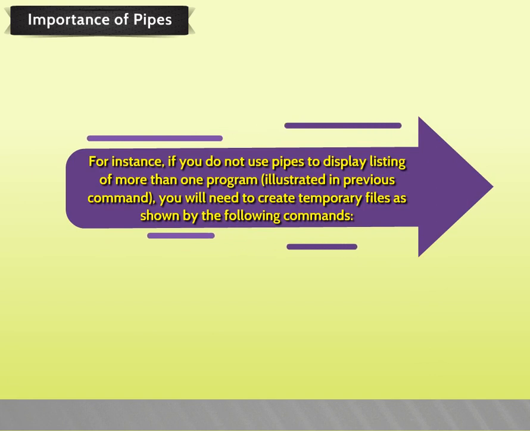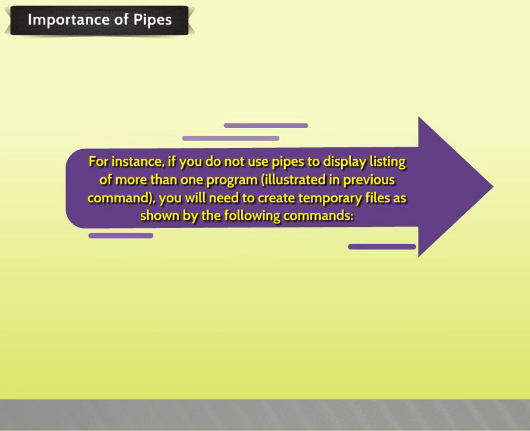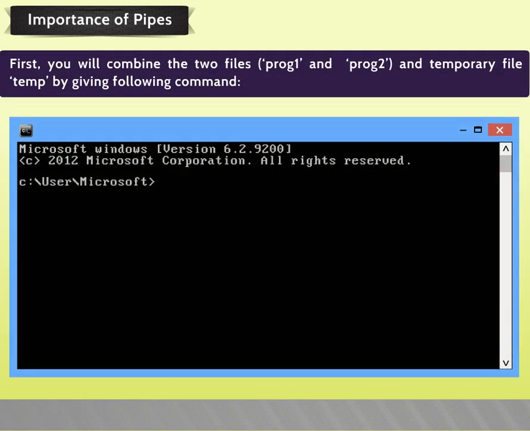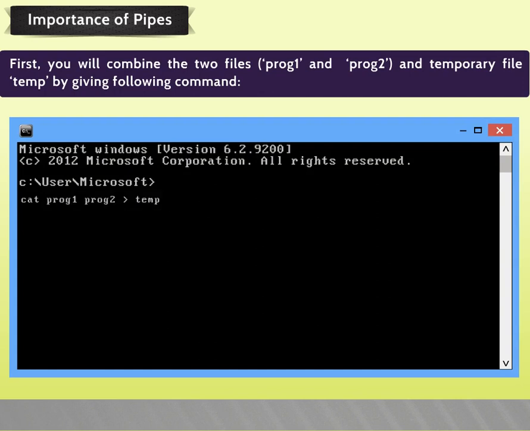For instance, if you do not use pipes to display the listing of more than one program, as illustrated in the previous command, you will need to create temporary files as shown by the following commands. First, you will combine the two files, program 1 and program 2, into a temporary file temp by giving the following command.